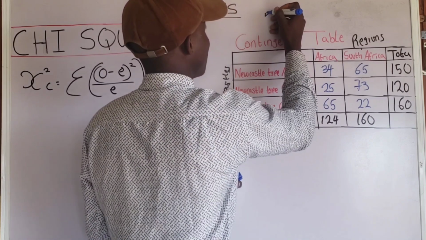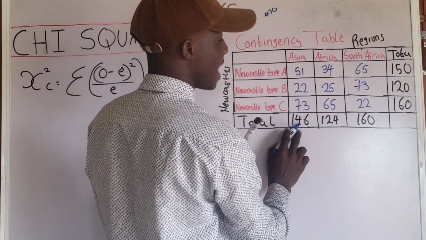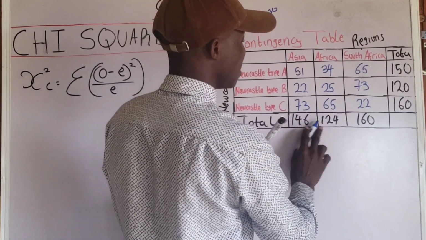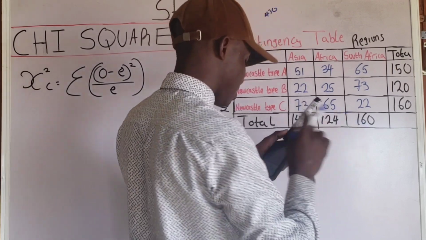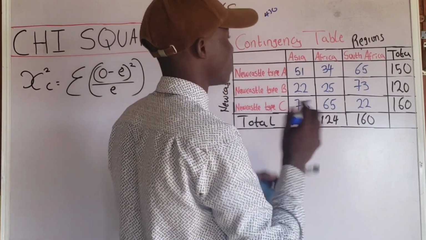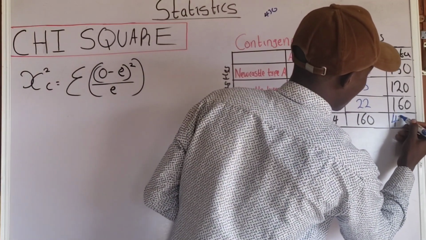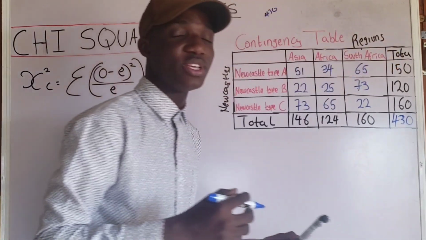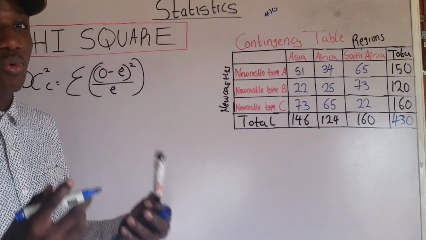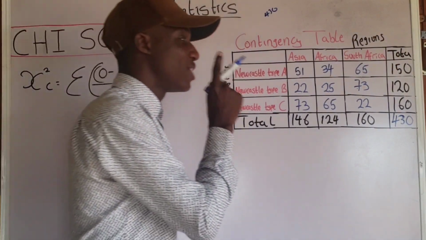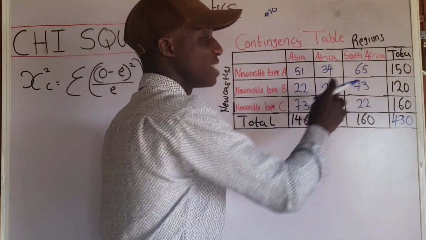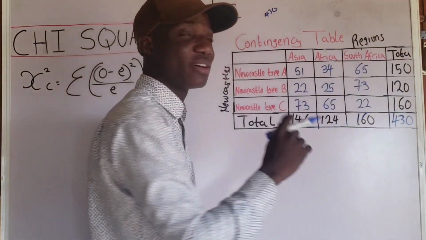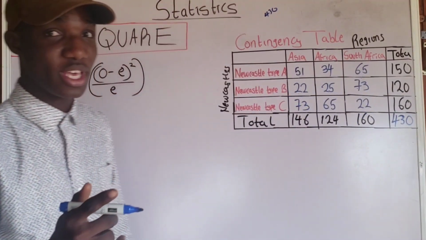Let us write it here, 430. Let us add this as well, 146 plus 124 plus 160. That is also 430. So let us write it here. By the time you make your own calculation, if you realize that you didn't get the same answer when you sum both, that means there is an error somewhere. You have to check back.